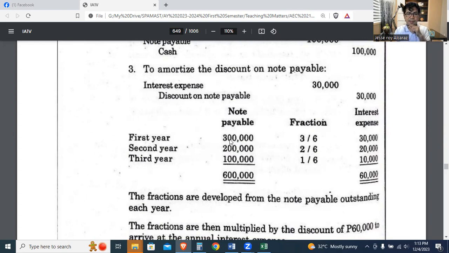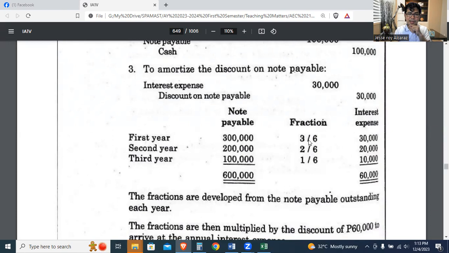First year, 300 balance. Second year, 200 balance. Third year, 100 balance. The total of the three outstanding balances is 600. So, just like earlier, we get the numerators: 3 over 6, 2 over 6, then 1 over 6.